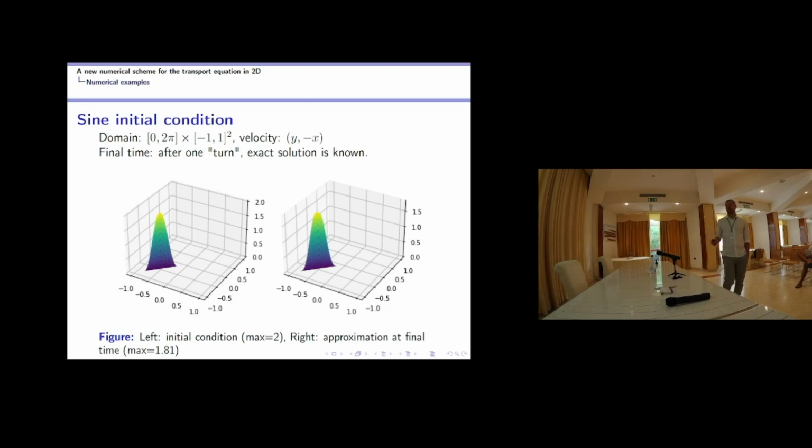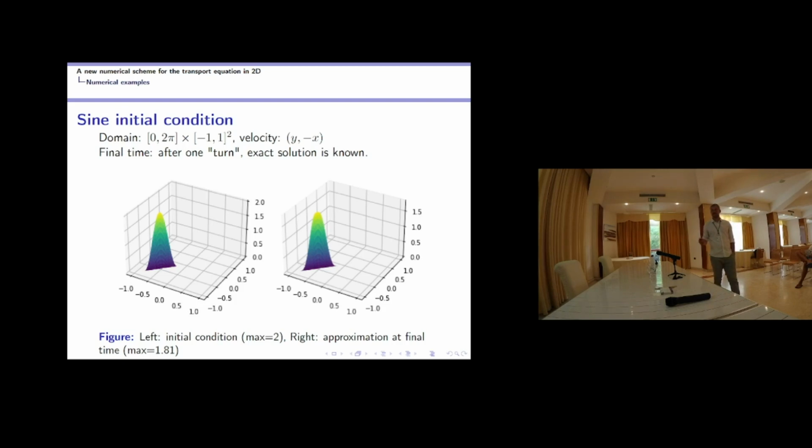Here we can see that the sine initial condition is constructed in the way that it's equal to 2 here at the maximum point, and outside of this hat is identically equal to 0. And after one turn, we can see that we have 1.81. So we have lost a little bit of its maximum.